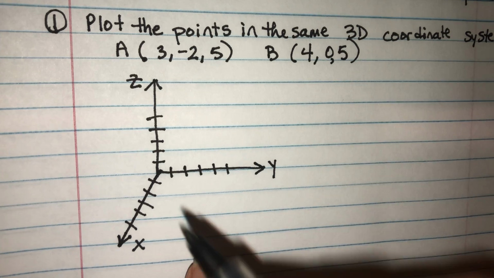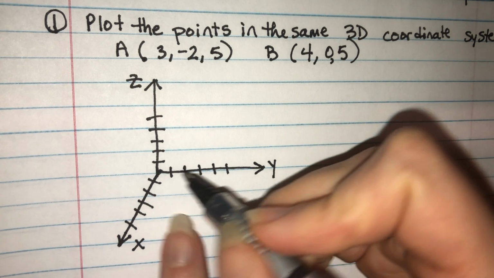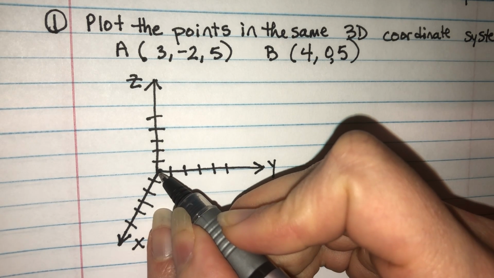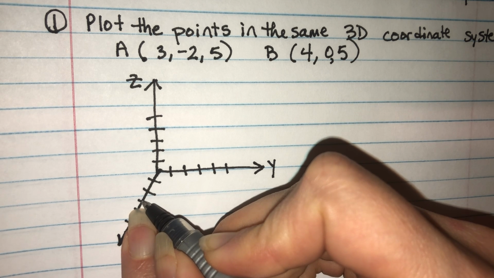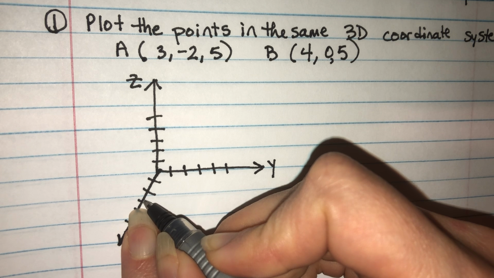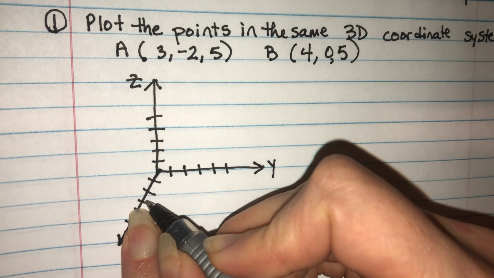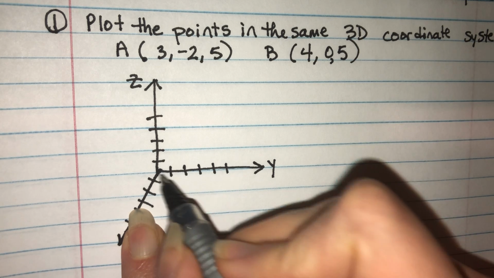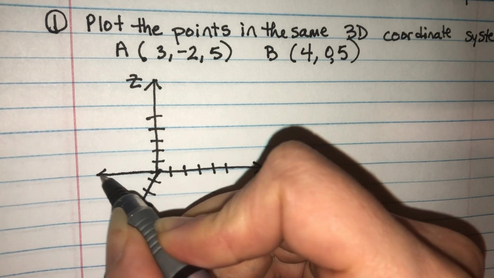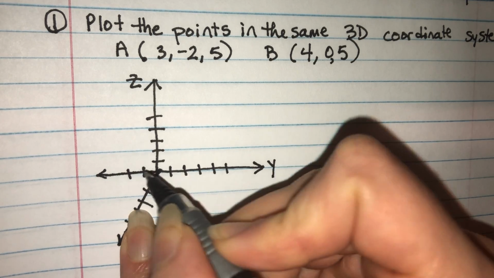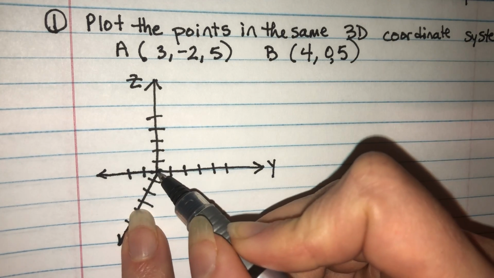Okay, so if A is at 3 for X, I'm going to go over 1, 2, 3, and then it is -2 for Y. So that means instead of going to the right 2, I'm going to the left 2, so back here.